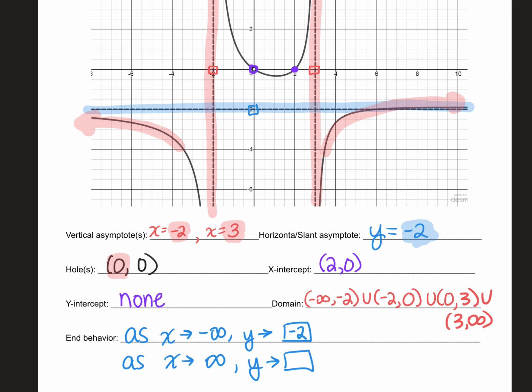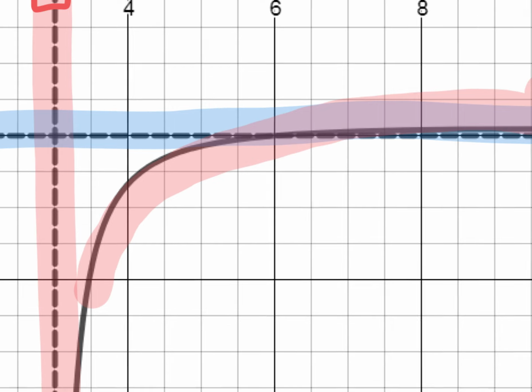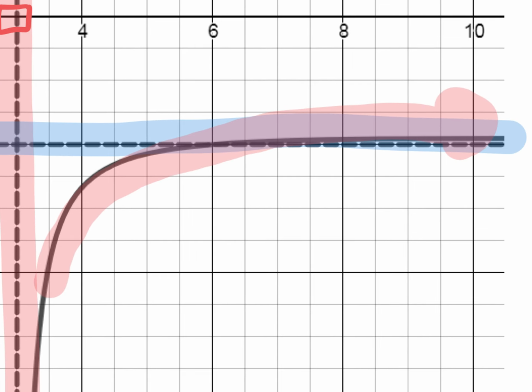Now, some of you might be disturbed by the fact that it looks like our function crosses over an asymptote. We're going to look at why that can happen in a little more detail later, but for now, understand that vertical asymptotes are like brick walls. You cannot go through a vertical asymptote. But think of horizontal asymptotes as being like a floor where you have stairs that you can go up and down to pass through the floor.